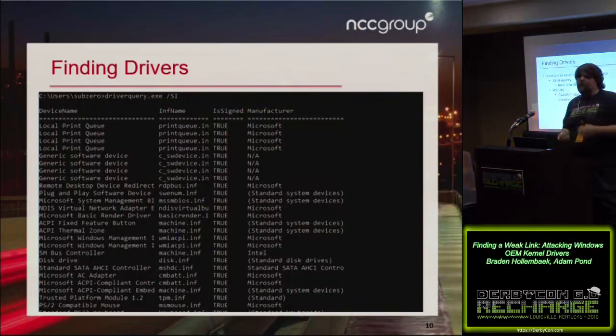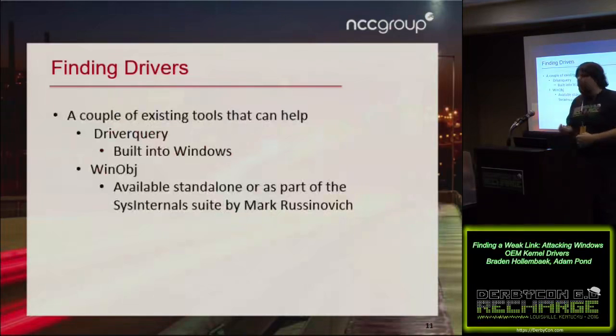Another tool that we used as part of this process was WinObj. Now, WinObj isn't built into Windows, but it's free and publicly available, either as a standalone product or as part of the Sysinternals suite written by Mark Russinovich. WinObj does a ton of stuff, and I'm not going to go into all this functionality.